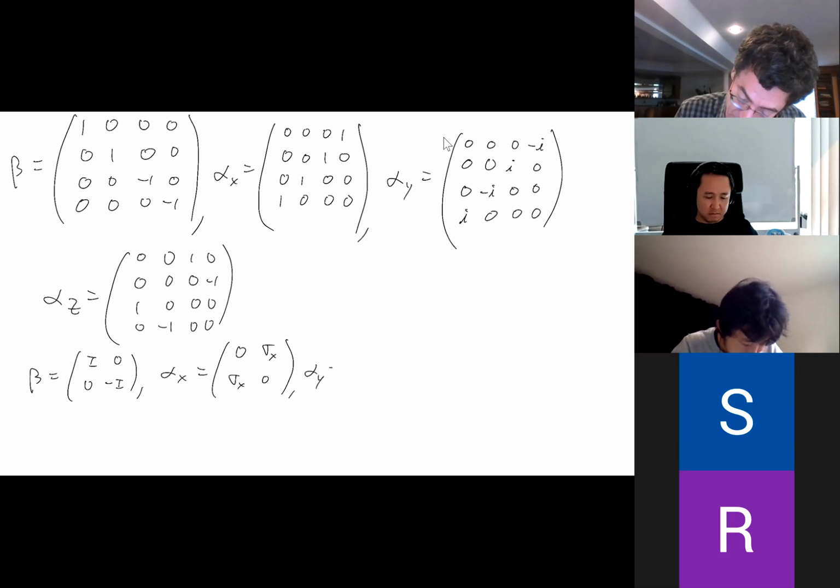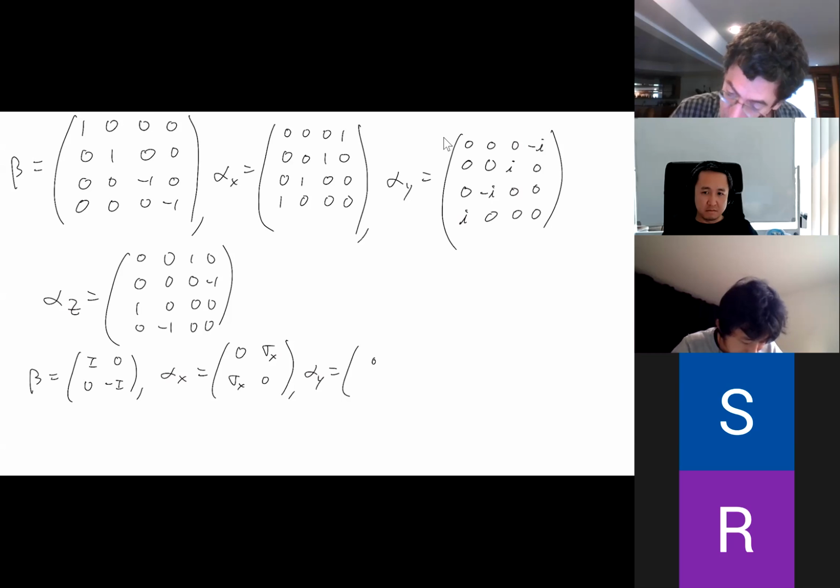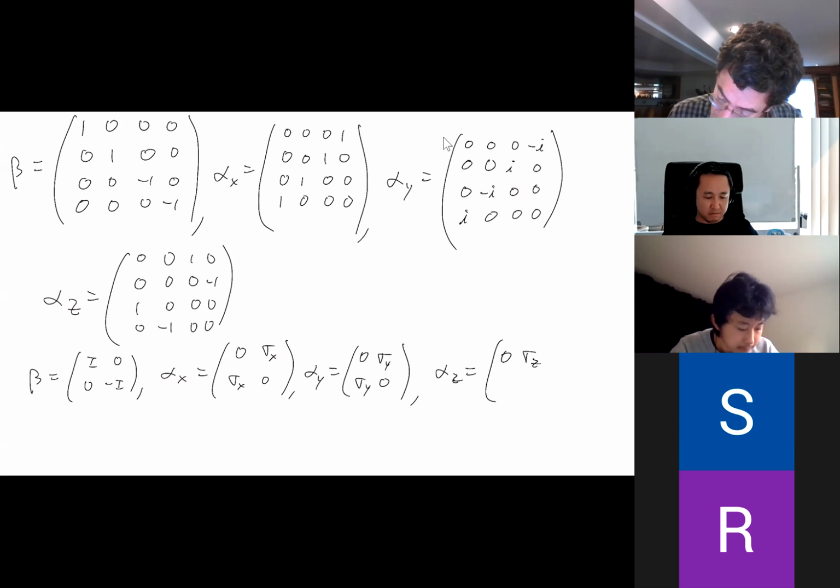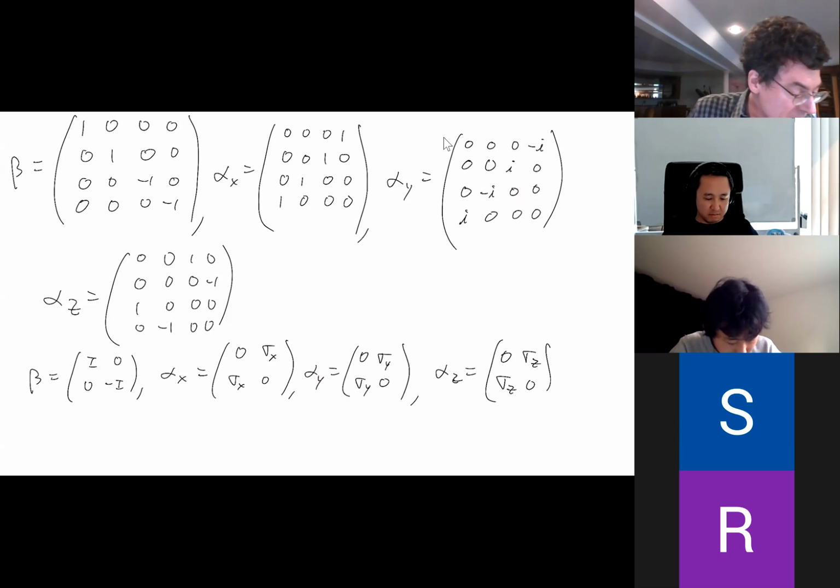Alpha y is equal to 0, sigma y, sigma y, 0, and alpha z is equal to 0, sigma z, sigma z, 0.